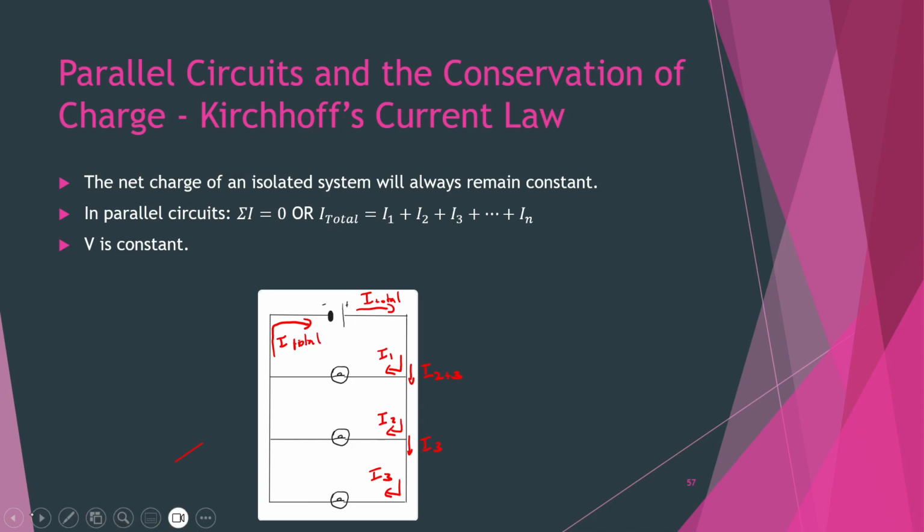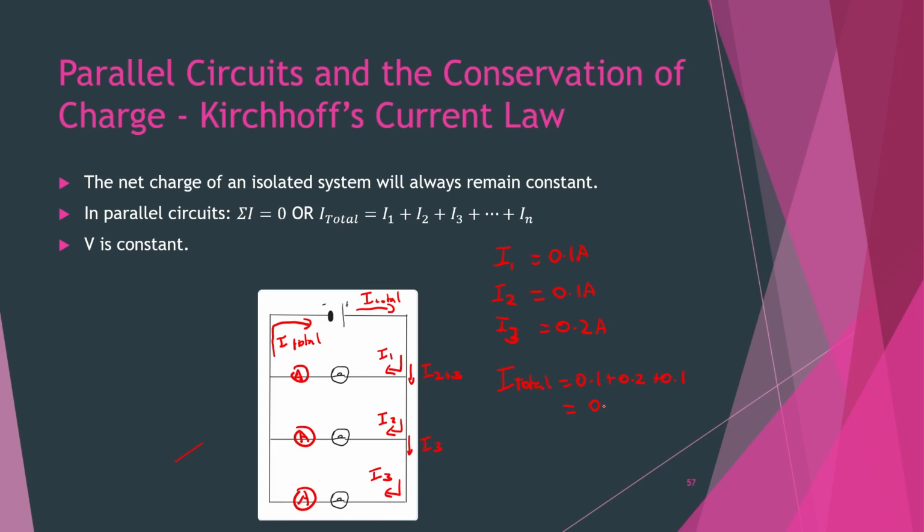So for this example, let's imagine that we place an ammeter after each of our light globes to measure the current of each of the parts in the parallel circuit. According to Kirchhoff's current law, we could sum all of these up to come to I total.